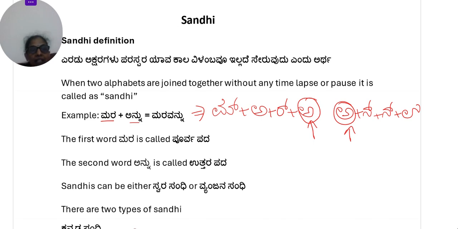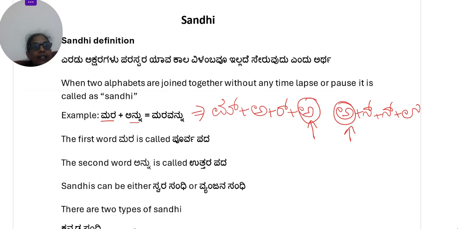Sometimes it so happens that the first word may also end with a Vyanjana. Later when I am explaining Adesha Sandhi, we can see that. So the first word can end with a Swara or it can also end with a Vyanjana. Okay. First word is ending with a Vyanjana and the second word will start with a Vyanjana.